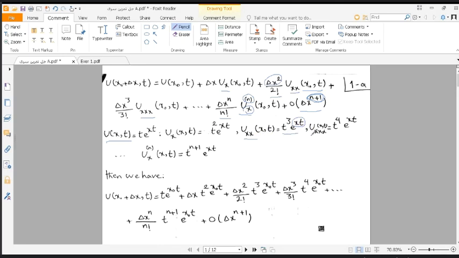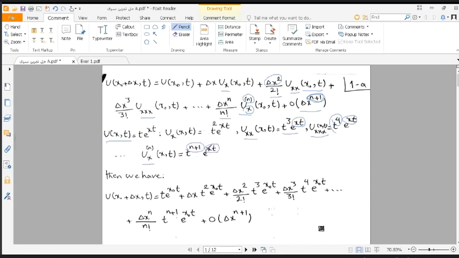The third derivative of u respect x, or uxxx, equals t power 4 e power xt. And thus the nth derivative of u respect x is t power n plus 1 e power xt.